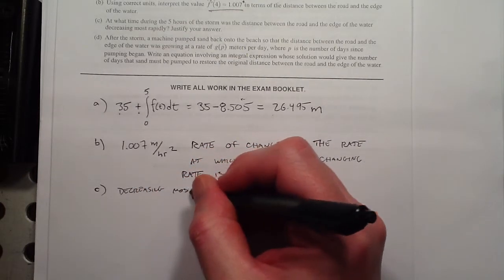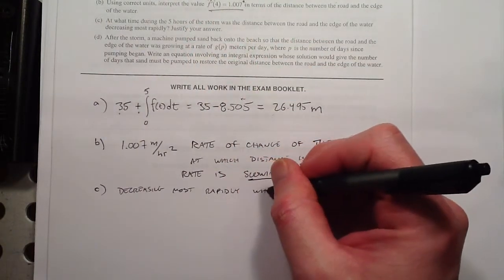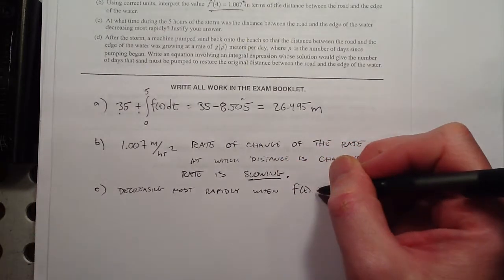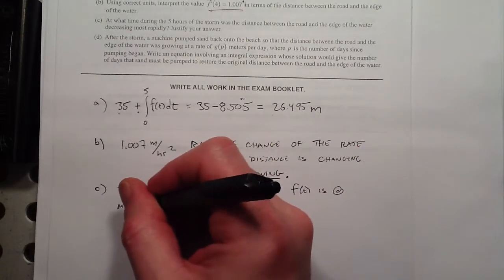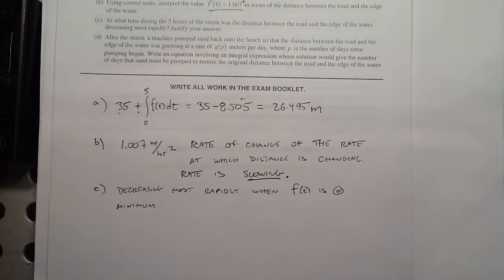Decreasing most rapidly, that's when it's the most negative, in other words, when f of t is at a minimum. The biggest negative number, the minimum.